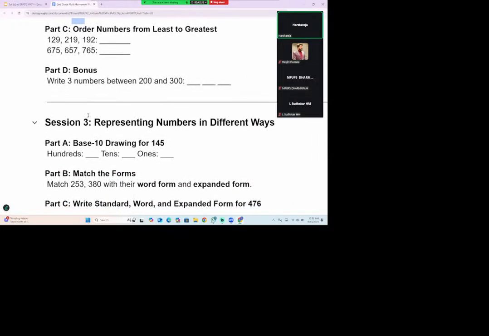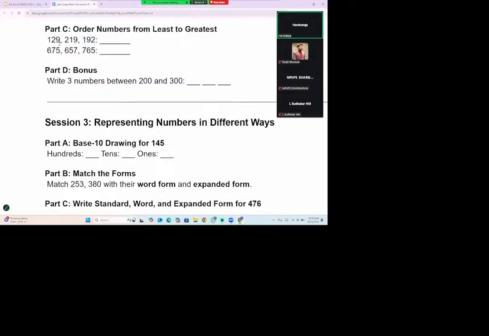Order numbers from least to greatest. So let's look at all the hundreds values. There's a 1 here, 2 here, and a 1 here. So it's not this one. It's either one of these two. And in the tens place, there's a 2 here.